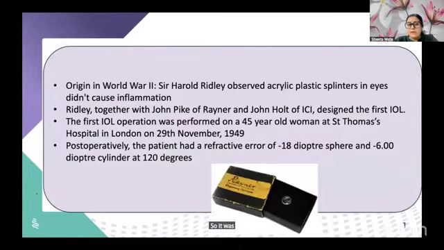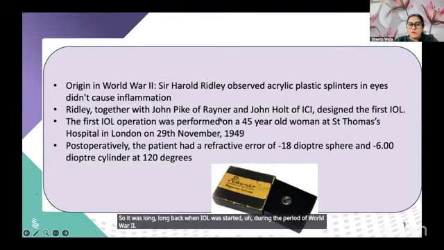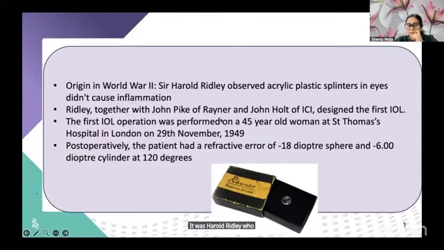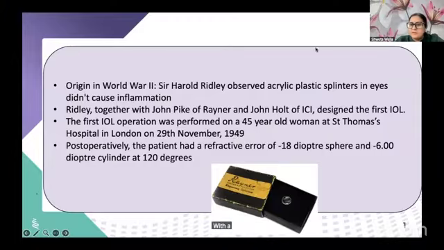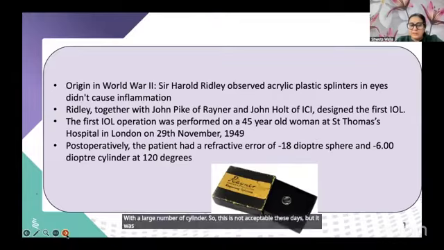It was long back when IOL was started, during the period of World War II. It was Harold Ridley who first implanted the first IOL. That patient had a refractive error of minus 18 diopter with a large amount of cylinder. This is not acceptable these days, but it was at that time.